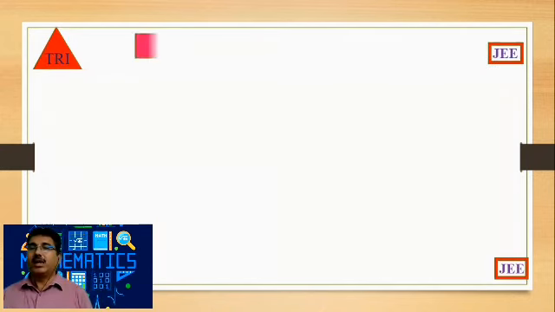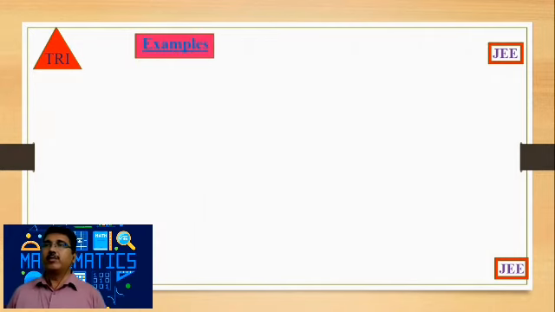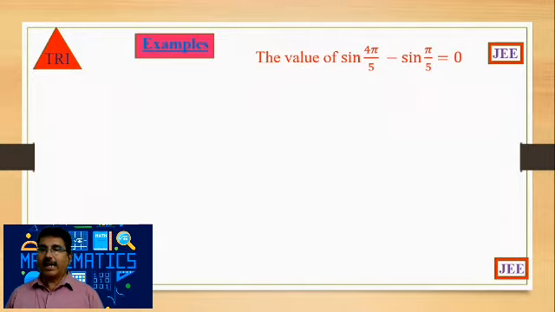What is the value of sine 4 pi by 5 minus sine pi by 5? Here, A plus B is equal to 180 degrees, then sine A is equal to sine B, so its value is 0.